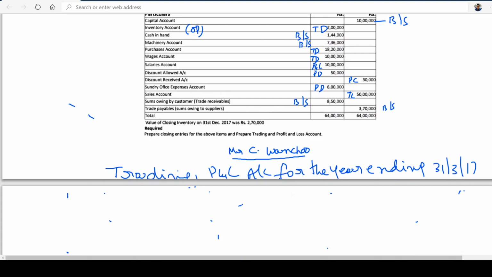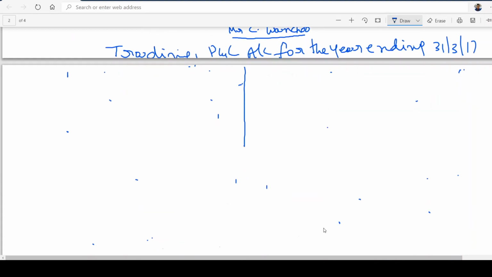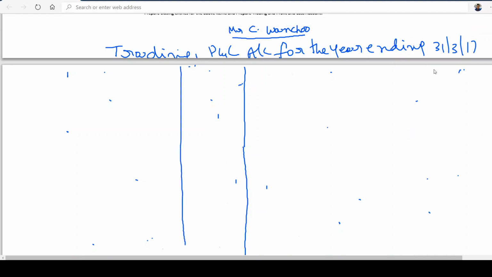Now, we have to go for the debit side items. You have written the combined item. If there is an adjustment, we can have an inner column, otherwise it is not required.